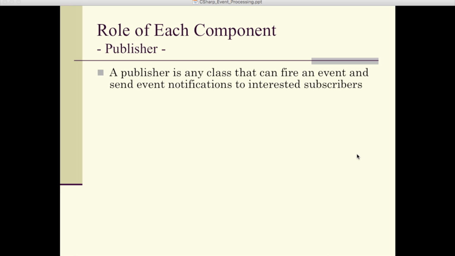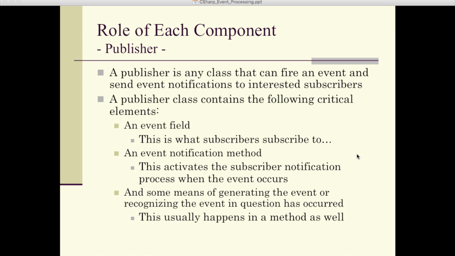Now, talking about the publisher. A publisher is any class that can fire an event and send event notifications to interested subscribers. In other words, any class that you can dream up that you need to fire an event can be the publisher. A publisher class contains the following critical elements. Has to have an event field, right? This is what subscribers will subscribe to.